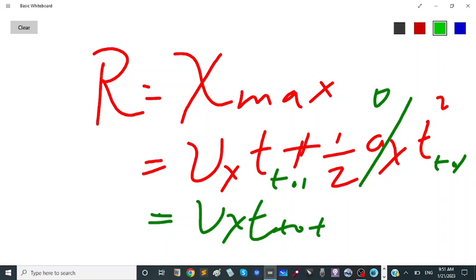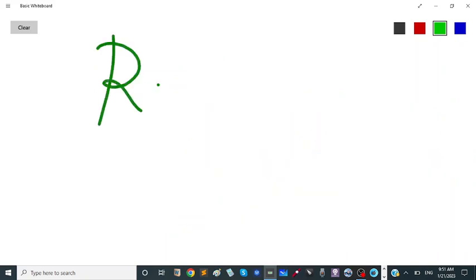So range is given by ux times t total. What does it mean, total? We know that from the previous.